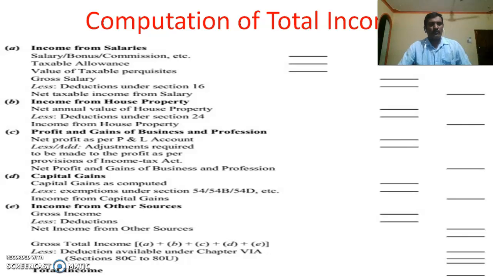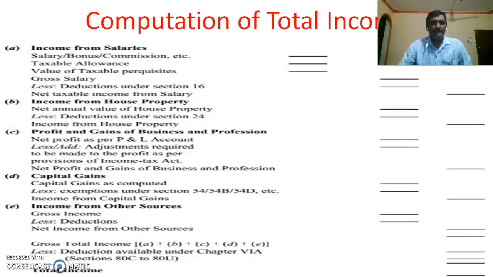After that, we go to the second head of income, that is income from house property. Here we first compute the net annual value of house property. The detailed information about all these heads of income will be discussed in the respective chapters, but here I am briefly showing how the computation of total income will take place.